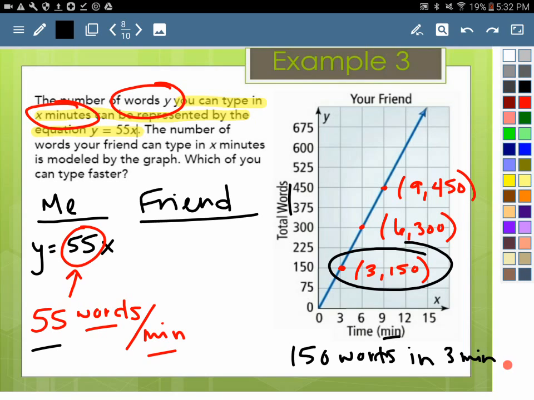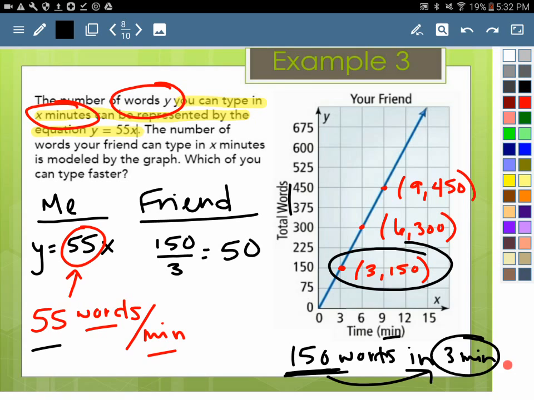Well, I just have to divide by that 3 minutes. Take the 150 and divide it by 3 to get how many words in 1 minute. Well, 150 divided by 3 is going to be 50. So the equation for my friend should be y equals 50x.